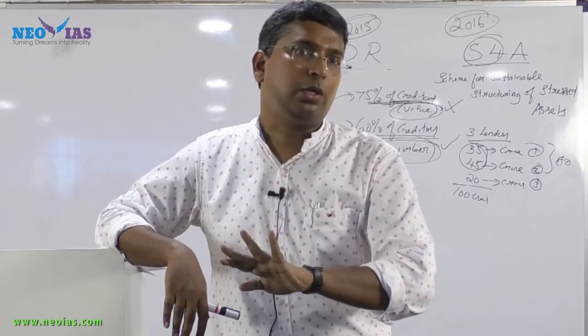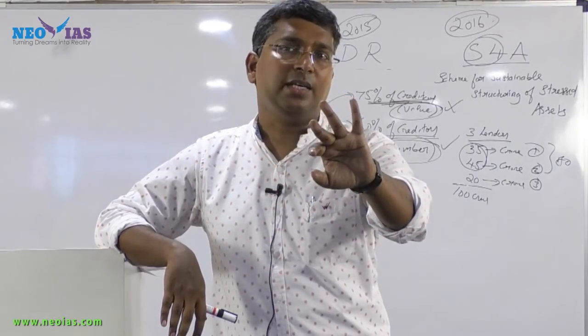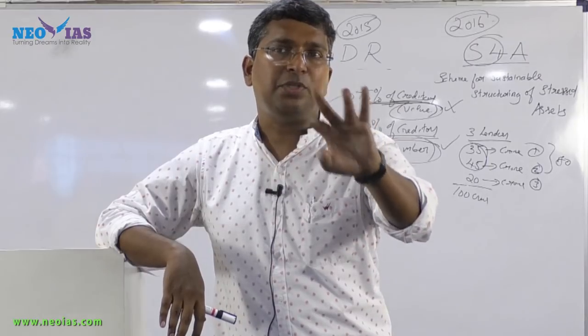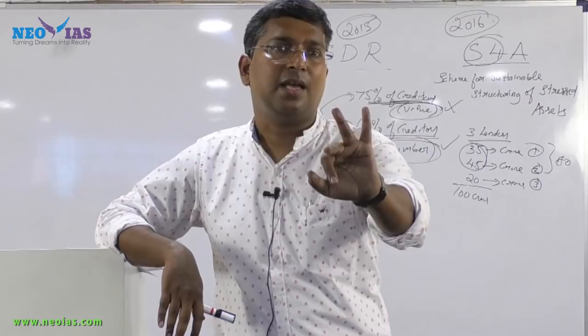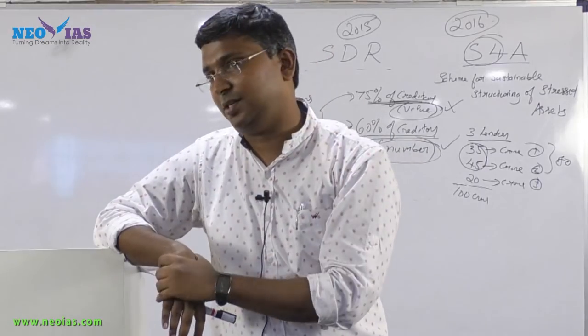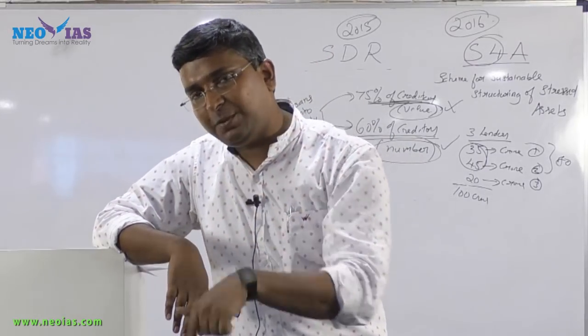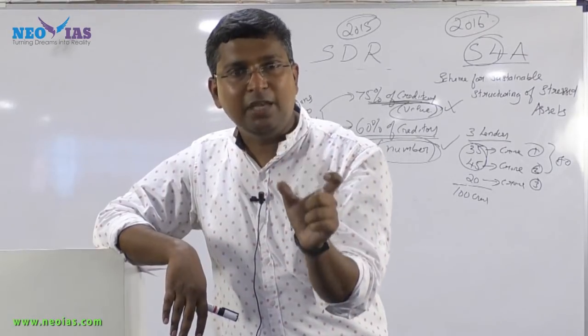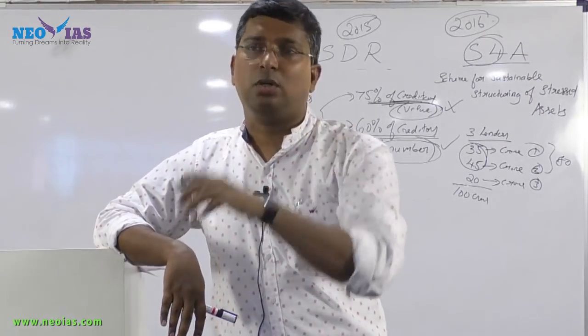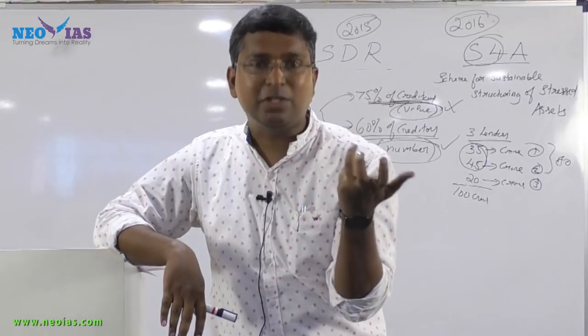So the core point I have told you is that it is debt restructuring, but not normal debt restructuring, it is strategic debt restructuring. What is the specialty of strategic debt restructuring? The company will lose managerial control. What is the scheme all about?